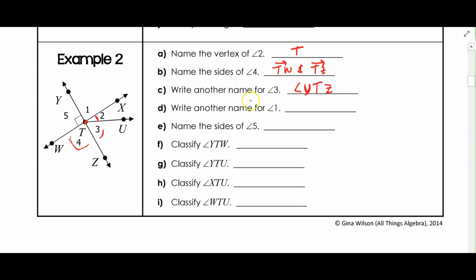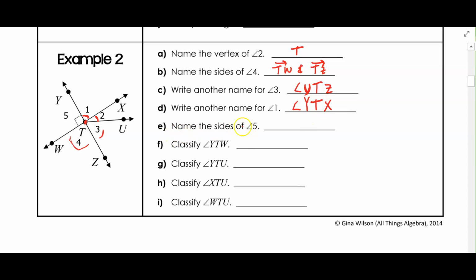Alright, write another name for angle 1 over here. So that's going to be angle, so pick a point on one side, that's Y. Pick the vertex, that's T, and pick a point on the other side, that's X.